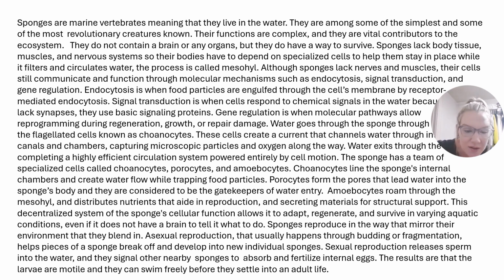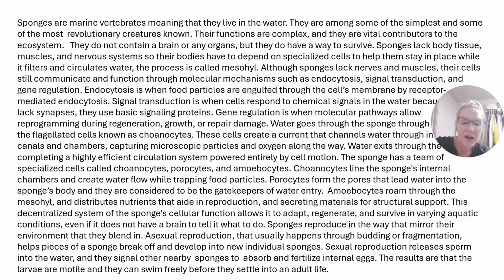Amoebocytes roam through the mesophyll, and they distribute the nutrients that aid in reproduction, and secrete materials for structural support. This is the decentralized system of the sponge's cellular function, and it allows it to adapt, regenerate, and survive in various conditions, even if it does not have a brain to tell it what to do.